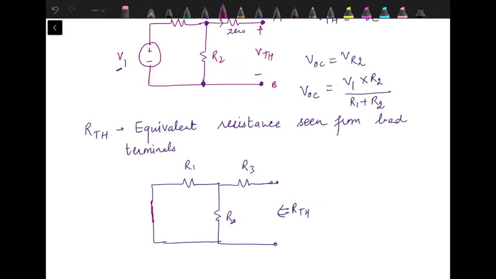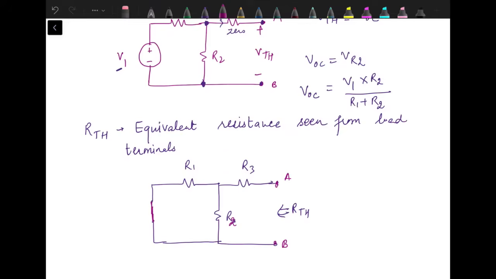Firstly, focus on how to find RTH when we have only independent sources present in the circuit. Now this is the equivalent of the circuit by removing RL and replacing the voltage source by a short circuit. Now we need to find the equivalent resistance seen from terminals AB.